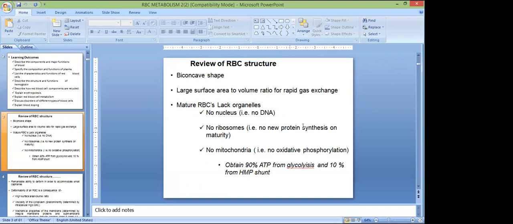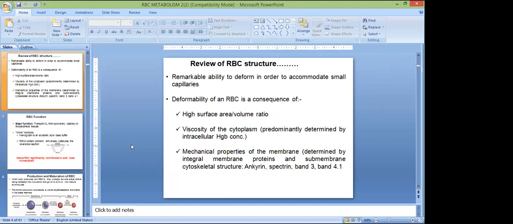Then we've read there's no nucleus, no ribosomes, no mitochondria. So they obtain their ATP from glycolysis, right? And remember, anaerobic. Just keep remembering anaerobic.